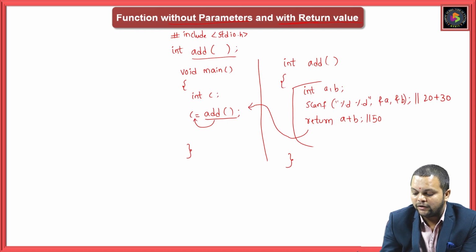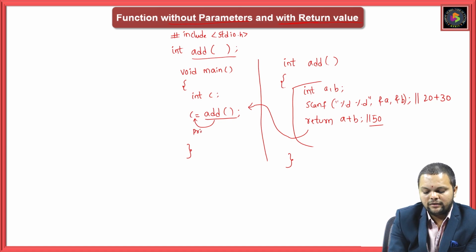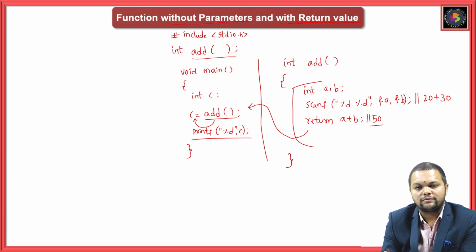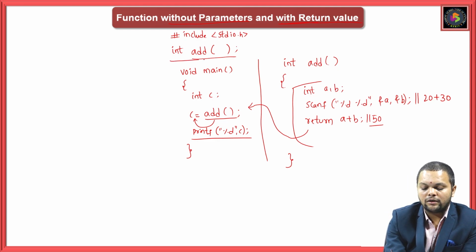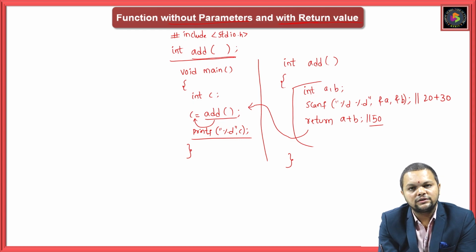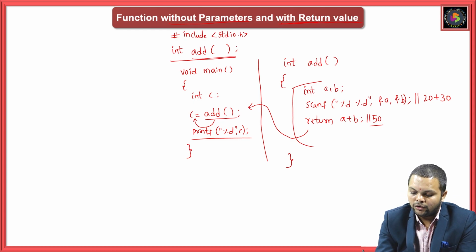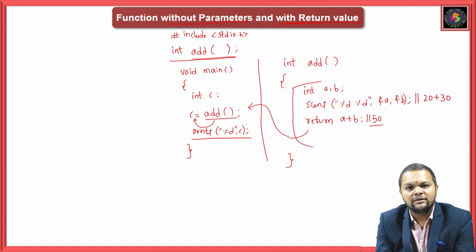That means add will hold a value of 50. 50 is given to which one? c. Printf and in this %d, comma c. So we are printing this c value now. For a function without parameter, we are not passing anything to this function, and we are doing whatever we want inside that particular function.